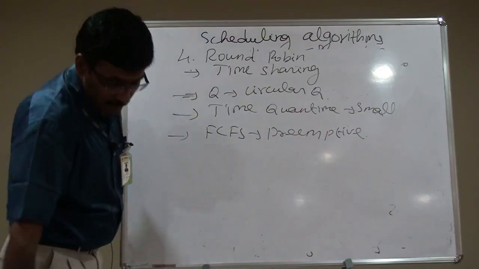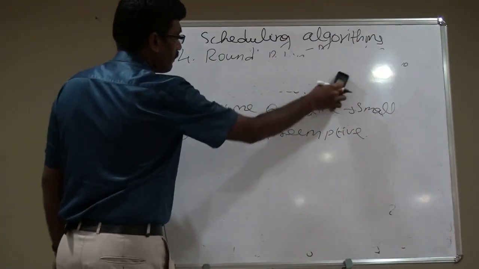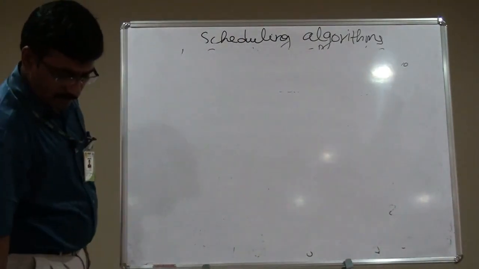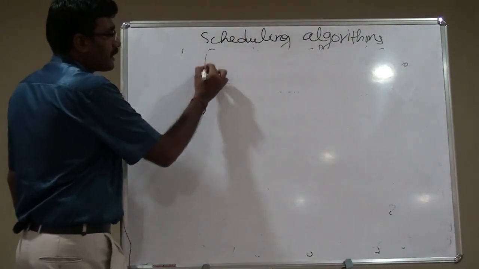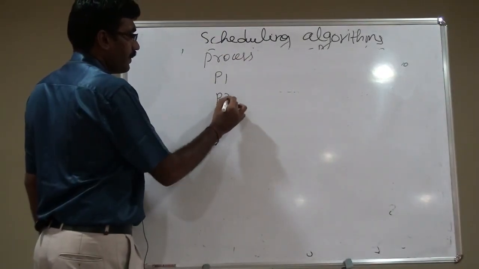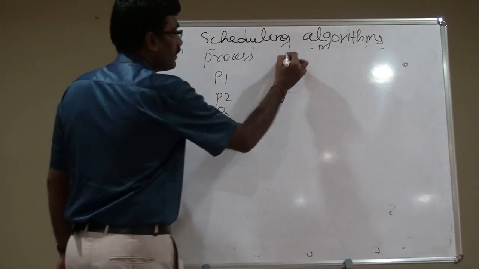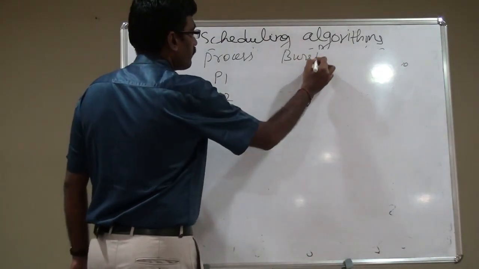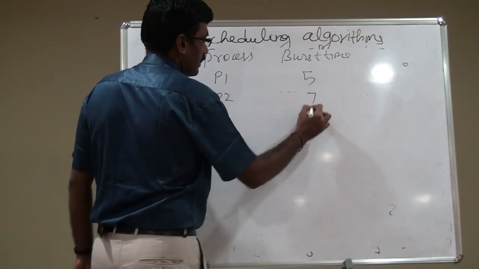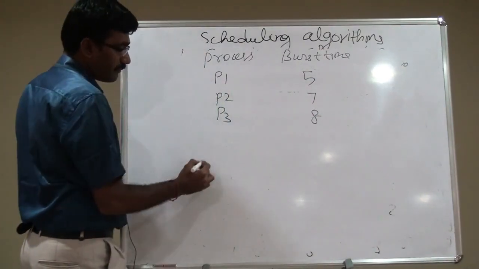Now see the example. Processes P1, P2, P3 with burst times 5, 7, 8.